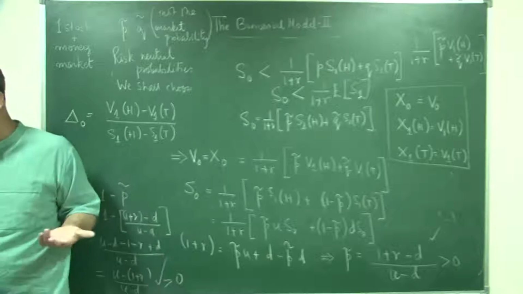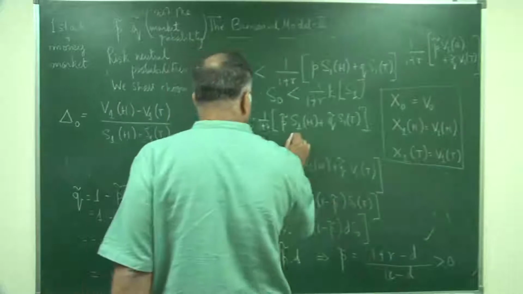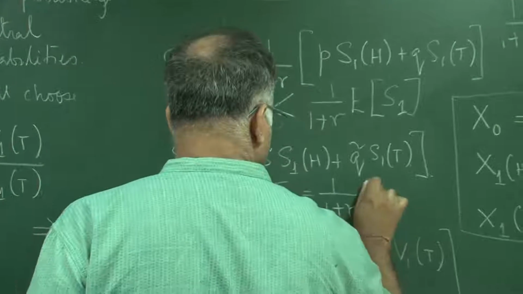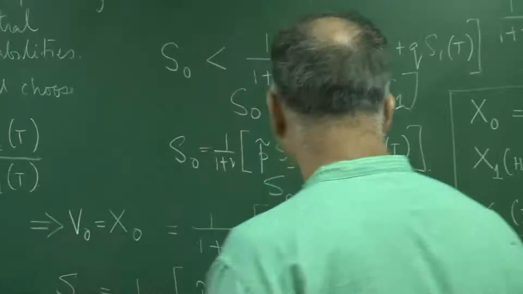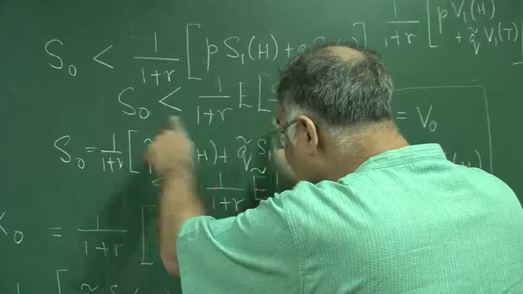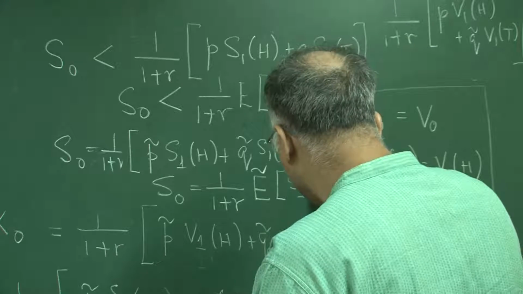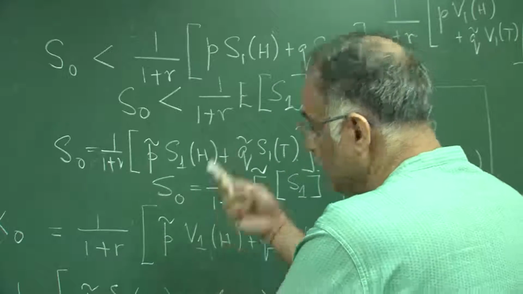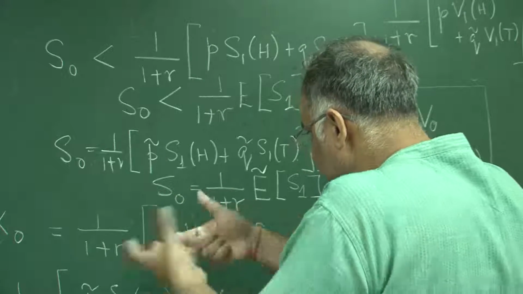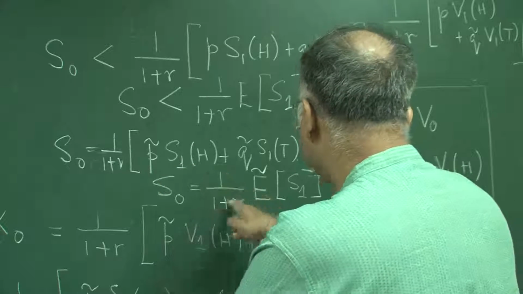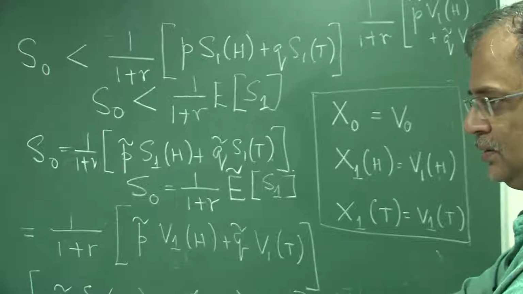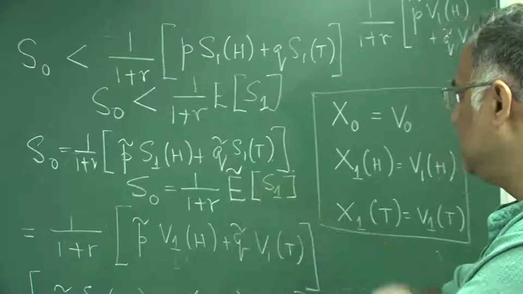So it says S0 equals E tilde, where E tilde is the expectation under the risk neutral probability, of S1, the random variable S1, the stock price at time 1, which has two possible values S1t and S1h, because here the sample space omega is h and t.